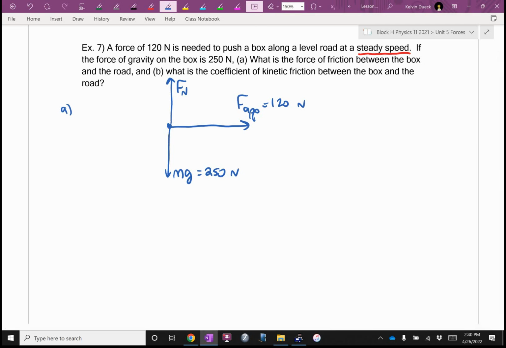Bigger, smaller, or the same size as F applied? What did I underline? So, what? Why? Newton's first.